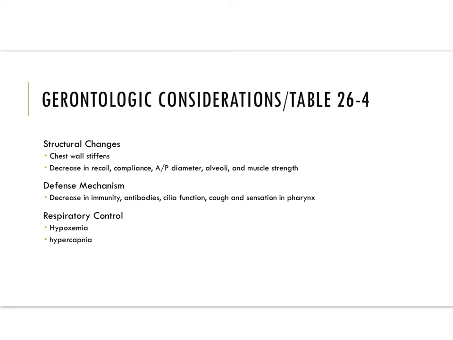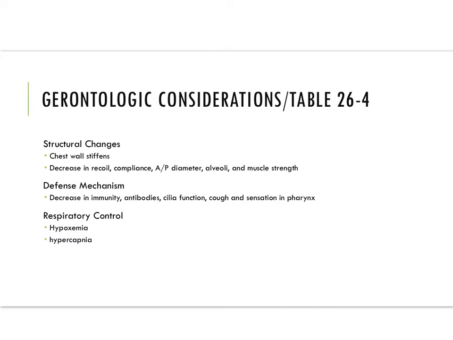Okay, if you look at page 491 or 481, and then there's a table, 26-4 goes over changes that occur as we age. Talks about structural changes such as the fact that the chest wall stiffens, you have a decrease in recoil and compliance, an increase in your AP diameter, decreased number of functioning alveoli, decrease in muscle strength.